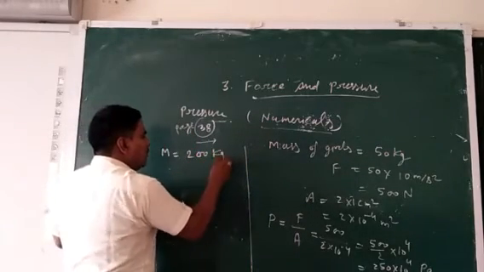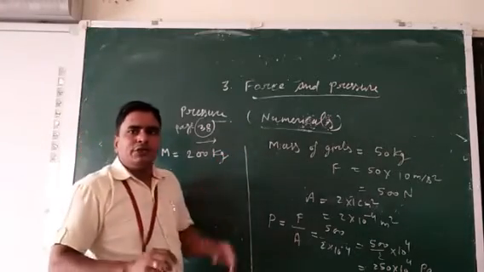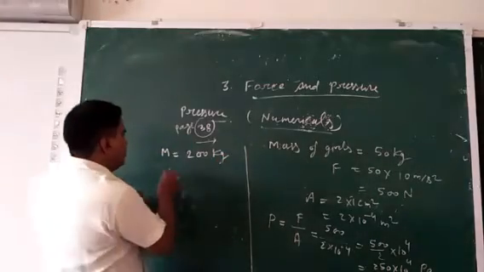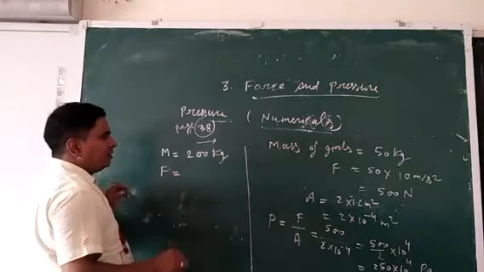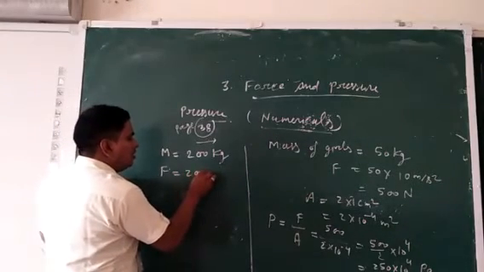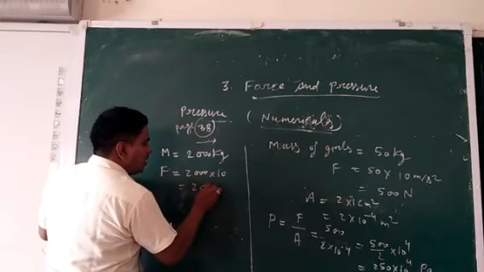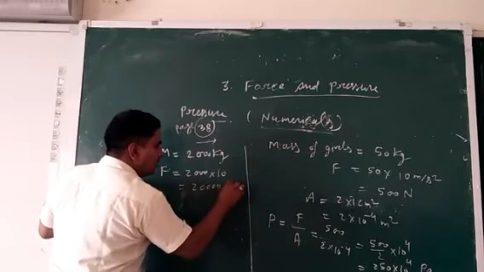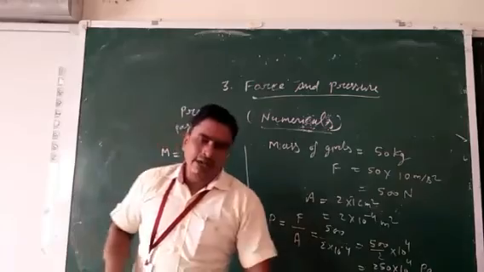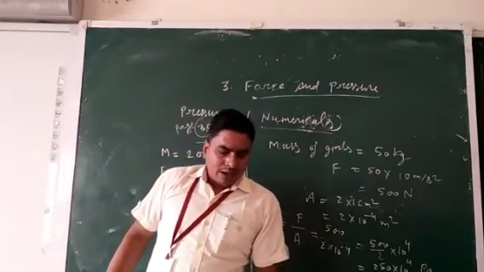First we have to convert this mass into force or weight. So force becomes 2000 into 10, which is 20,000 Newton. Clear?